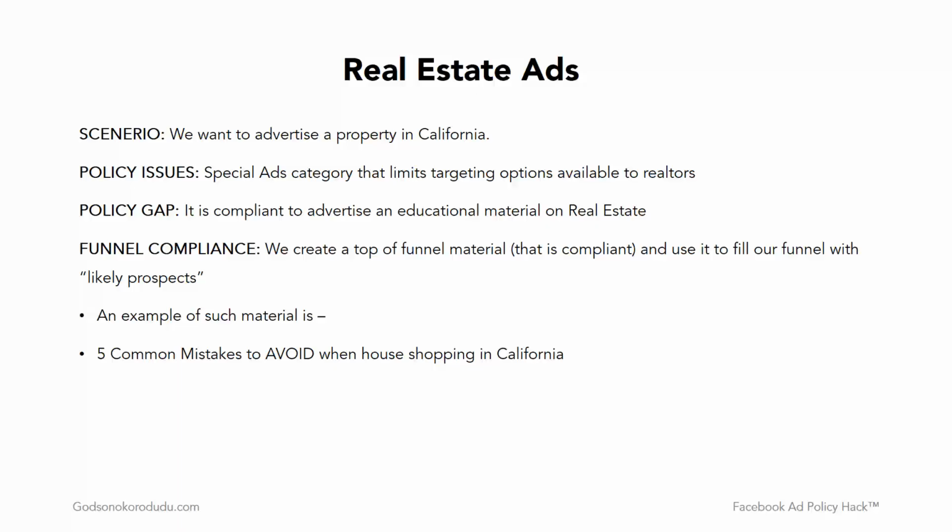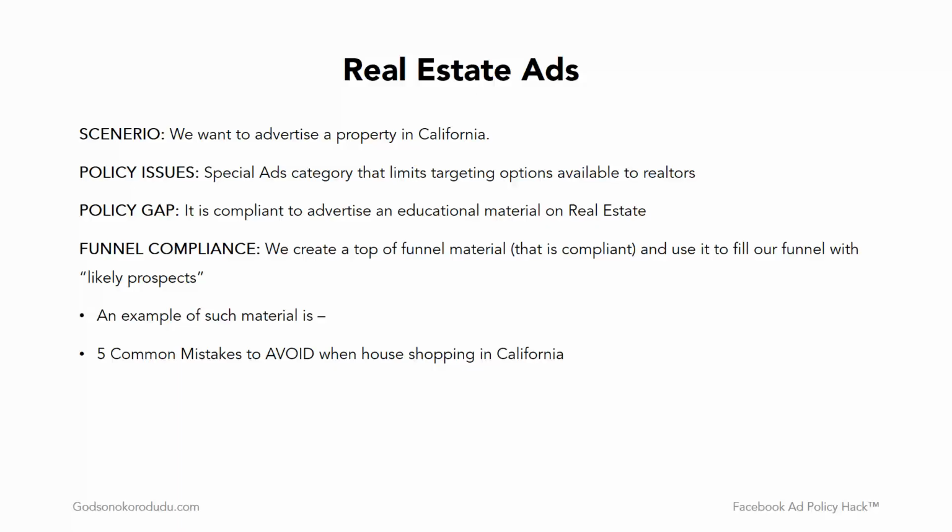But if your ads don't give you many options to target, then you're somehow limited. Now, there's a policy gap that we can exploit. The policy gap is that it is compliant to advertise educational material, even if it's on real estate. So if I'm advertising an ebook or a course or a video on real estate, I don't need to select the special ads category, because it's not a property in the real sense, it's just a material.